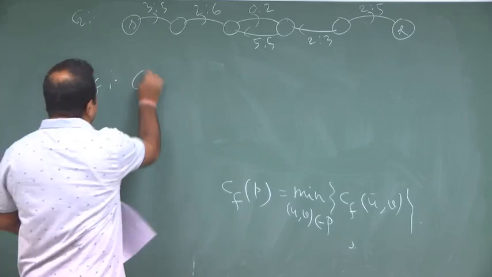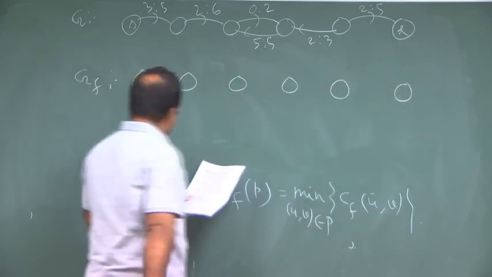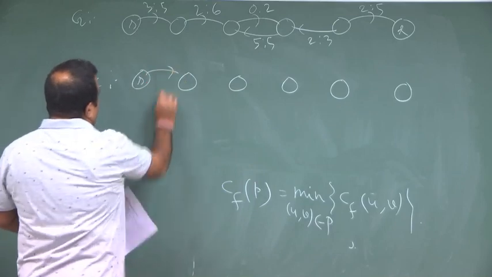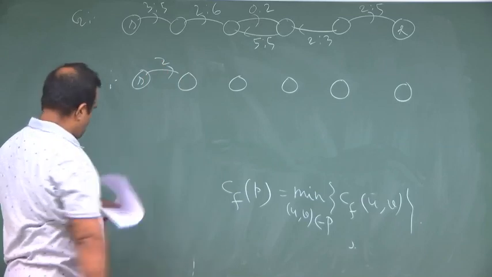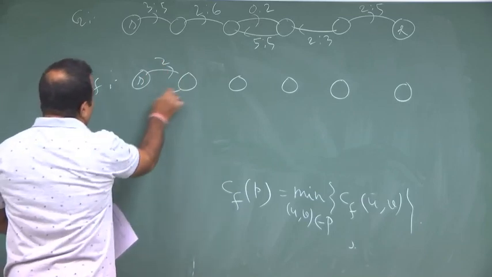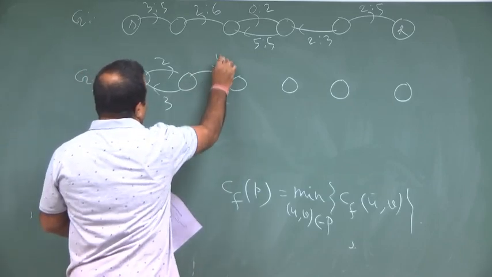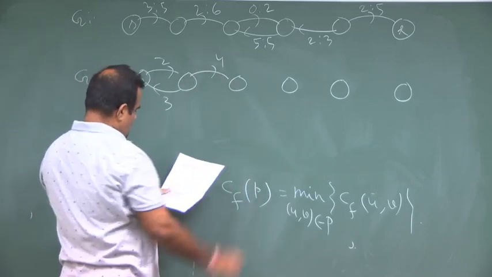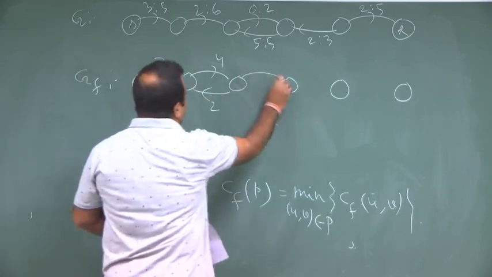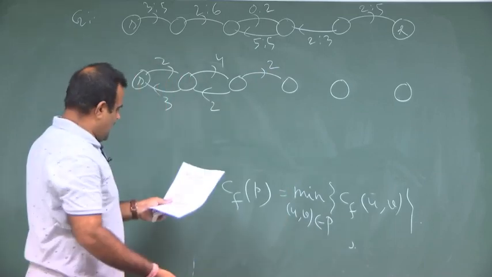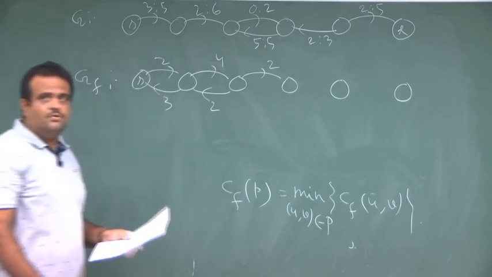So, G_f is basically this, this is S. Now, how much more flow can we put from here to here? 2. From here to here we can pass 3. Here to here 4, and here to here 2. Here to here 2, and this is already used, so there is no way.